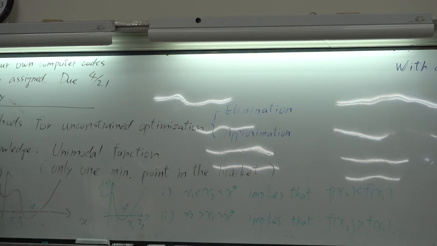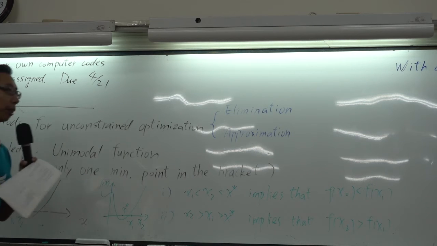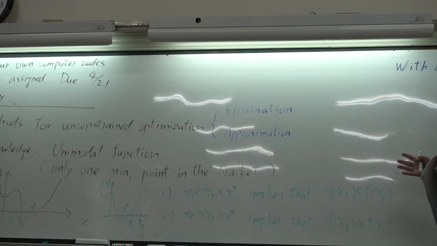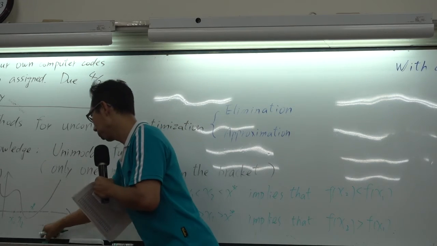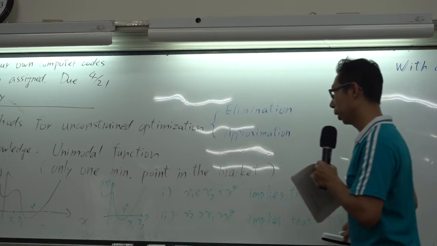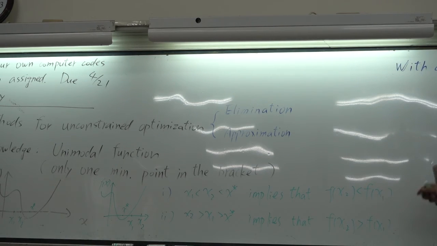The main idea is that when you know this, you can delete the part you don't need and continue searching a smaller segment. So by having this knowledge, we are able to eliminate a part of the bracket and continue with our search in a smaller bracket. Having this background knowledge, let's start with introducing some one-dimensional elimination methods.